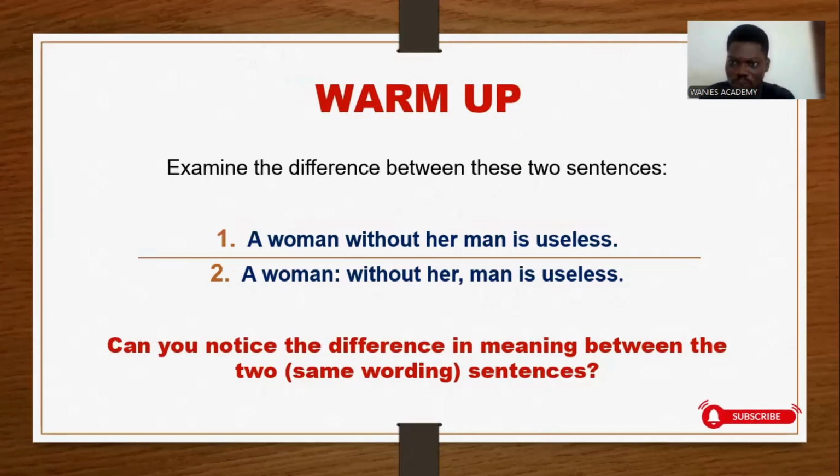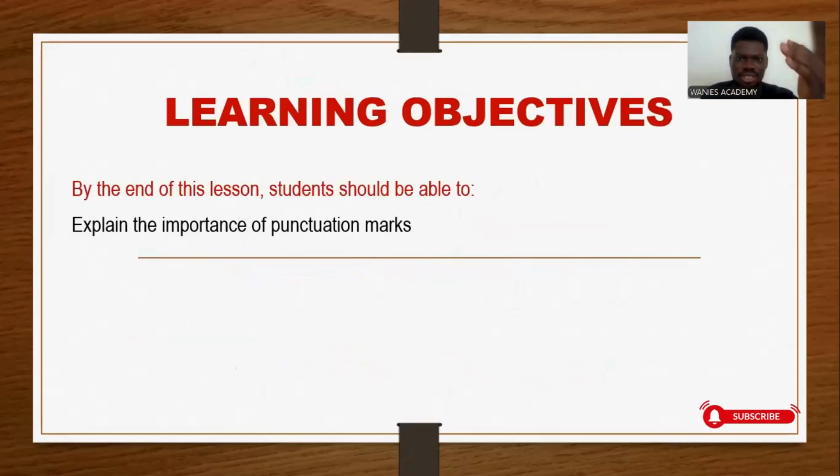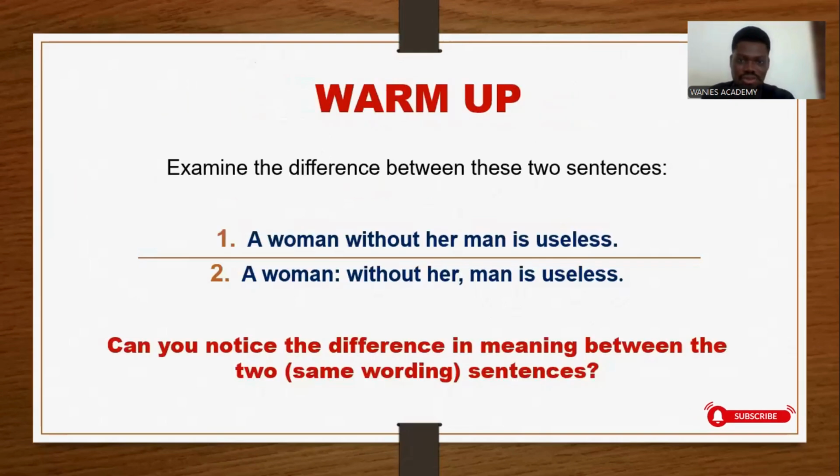Now, what does that tell us about punctuation marks? But before we continue, what do we aim to achieve by the end of this lesson? By the end of this lesson, students should be able to explain the importance of punctuation marks. From these two sentences, we already should be able to identify the importance of punctuation marks.